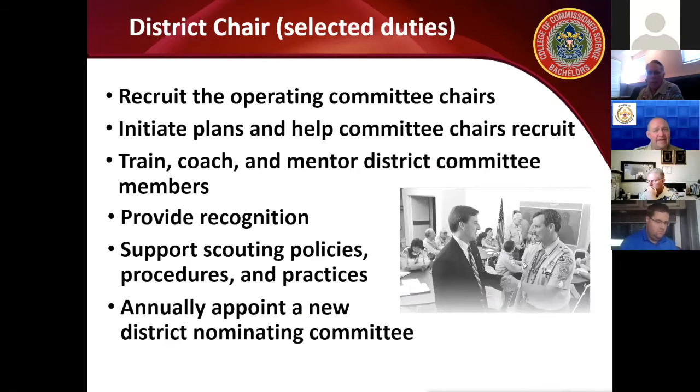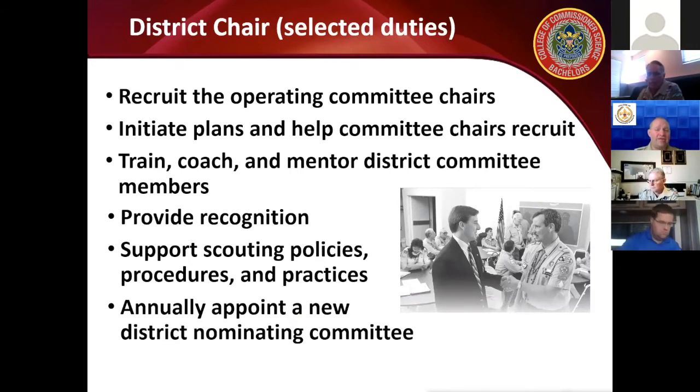Talking about initially the district chair and their duties, it all starts with the district chairman. This person has several duties, including identifying and continually recruiting enough of the right people as operating committee chairs. He also initiates plans and helps committee chairs recruit an adequate number of members. No one can do a lot of these tasks on their own, so it really takes quite a village to run the district.